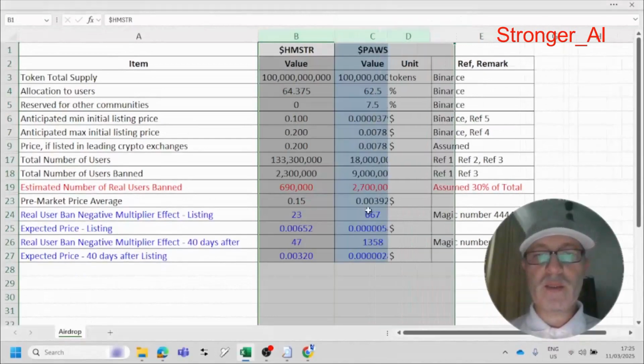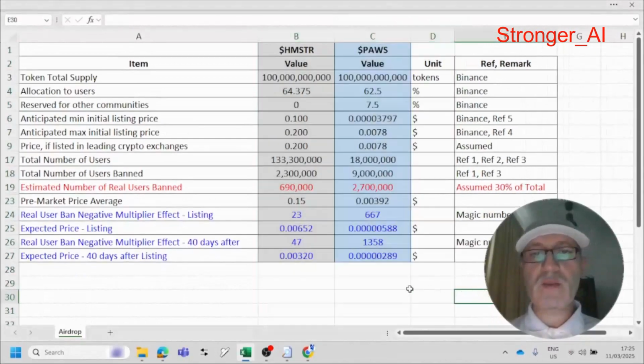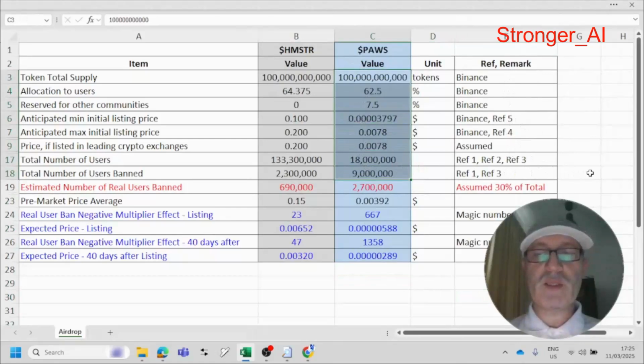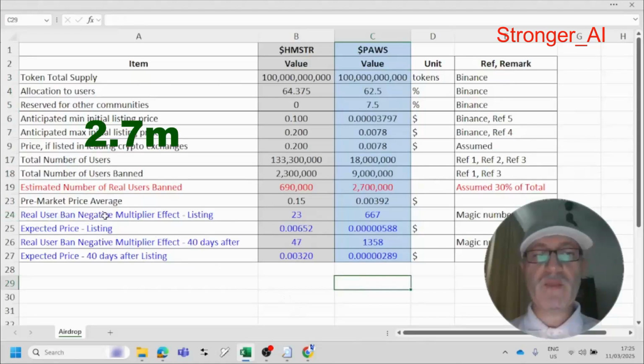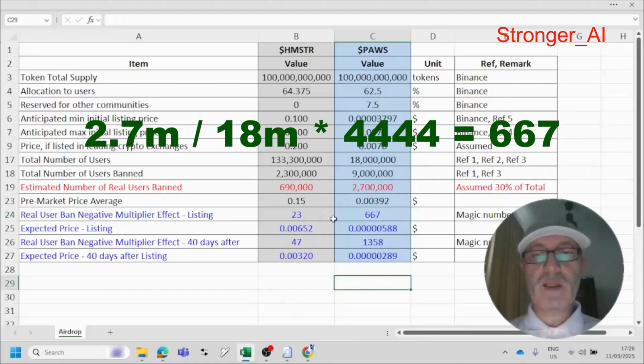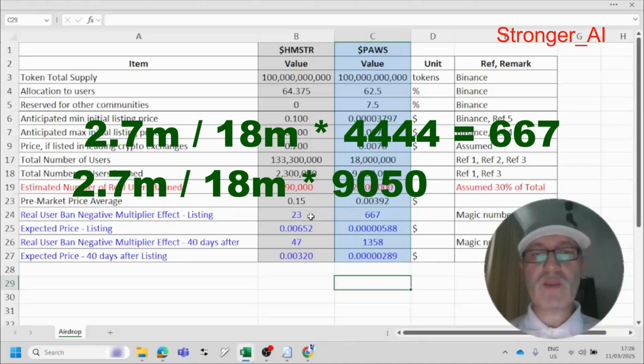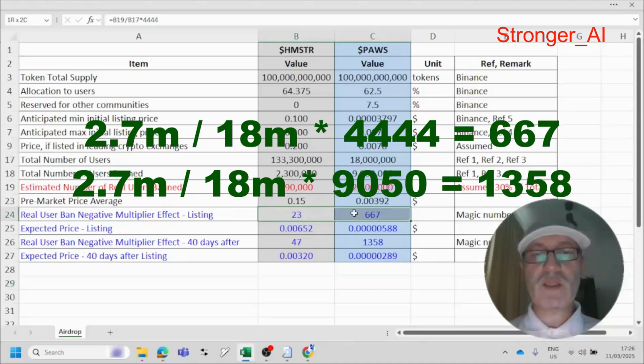Let me unhide this column. Okay, these values again I have extracted from the sources I have given in the description. For PAWS, this real user ban negative multiplier effect on the listing date is 667, compared to Hamster Combat, which was 23.